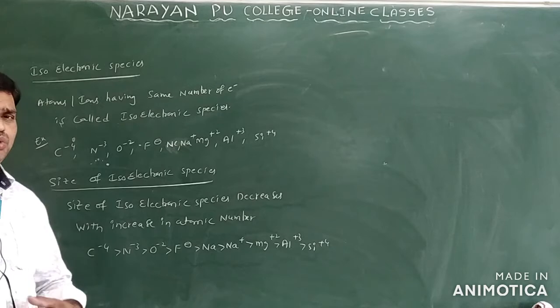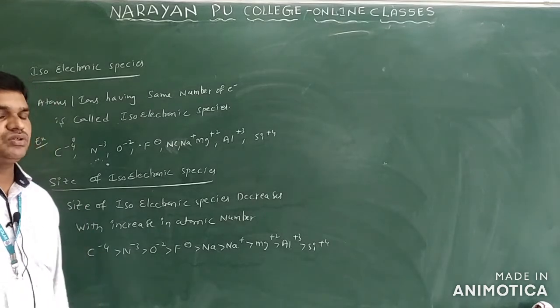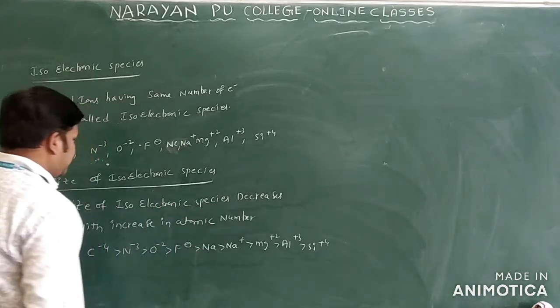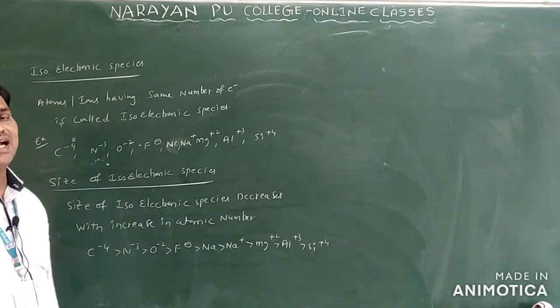So this is one point I wrote. We have to use some different concepts to explain this isoelectronic species. The point I wrote here: size of isoelectronic species decreases with increase in atomic number only.